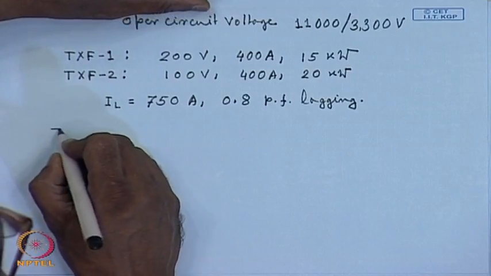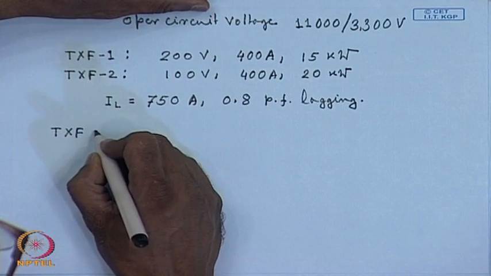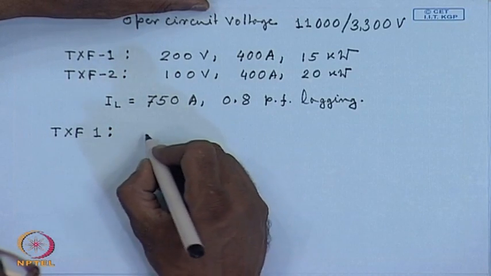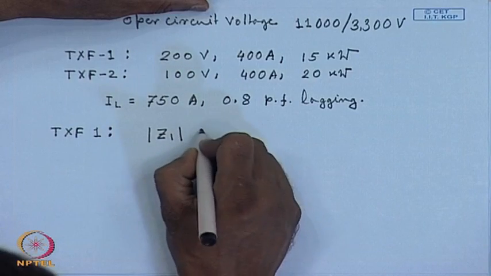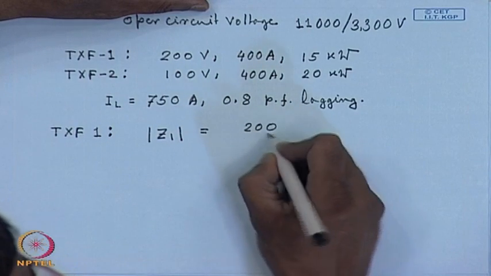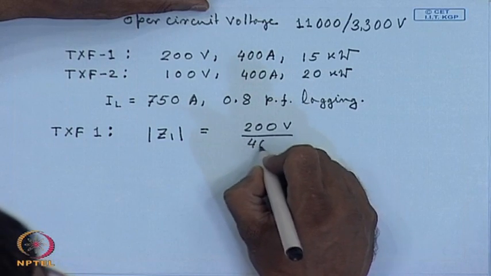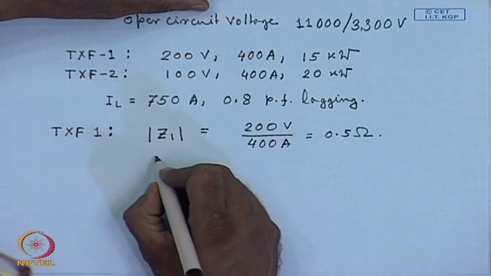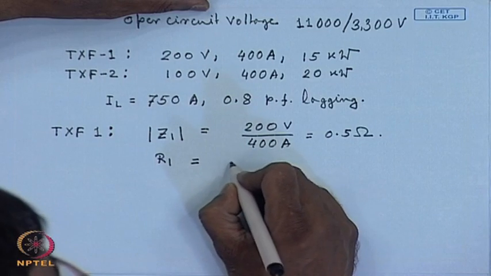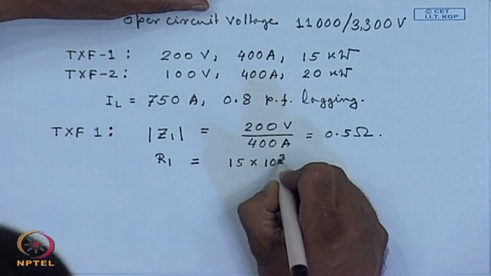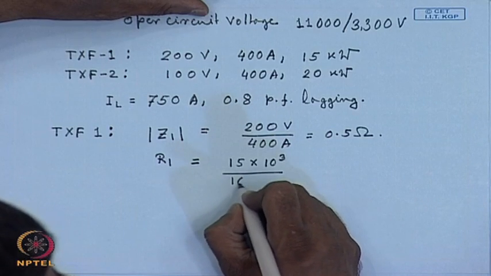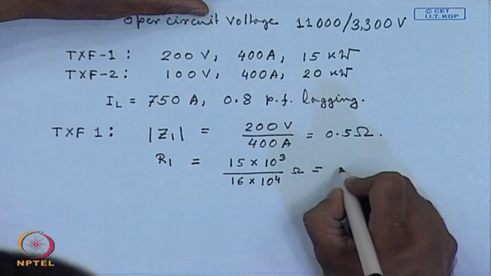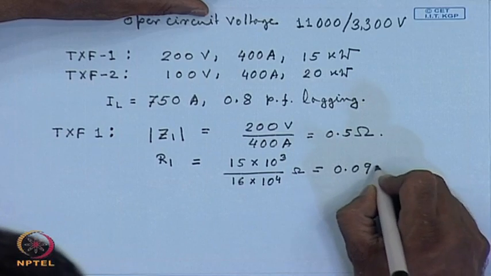So, for transformer 1, mod Z1 equal to 200 volts by 400 ampere equal to 0.5 ohm, and R1 equal to 15 into 10 to the power 3 divided by 16 into 10 to the power 4 ohm, that is equal to 0.094 ohm.